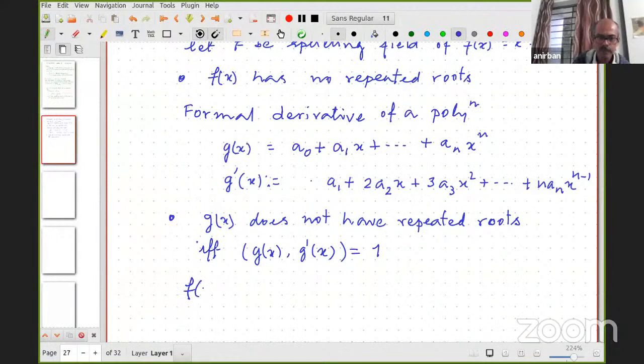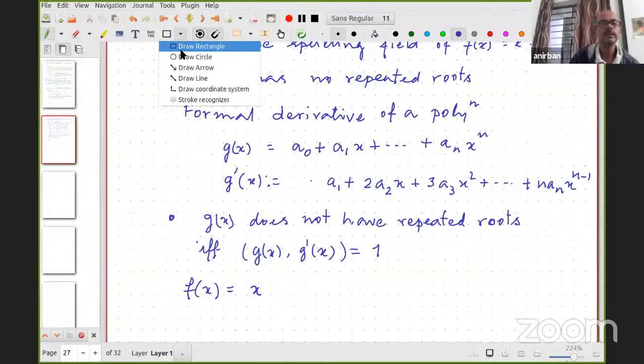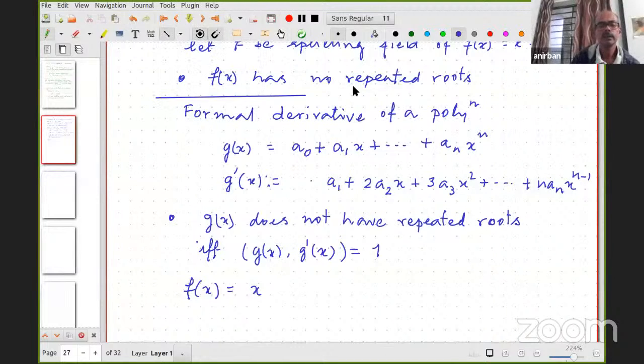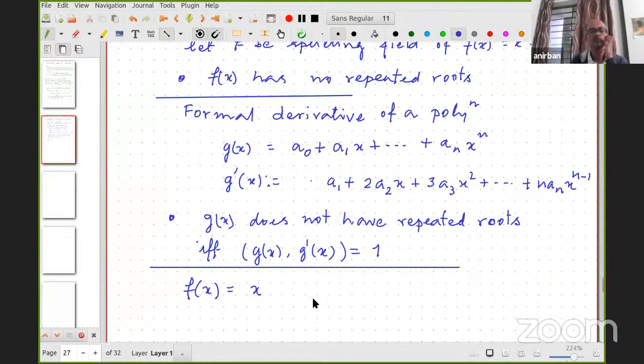Because our f(x), so I'll just draw a line to separate this, this is a general fact. So this is x to the q minus x over F_p.